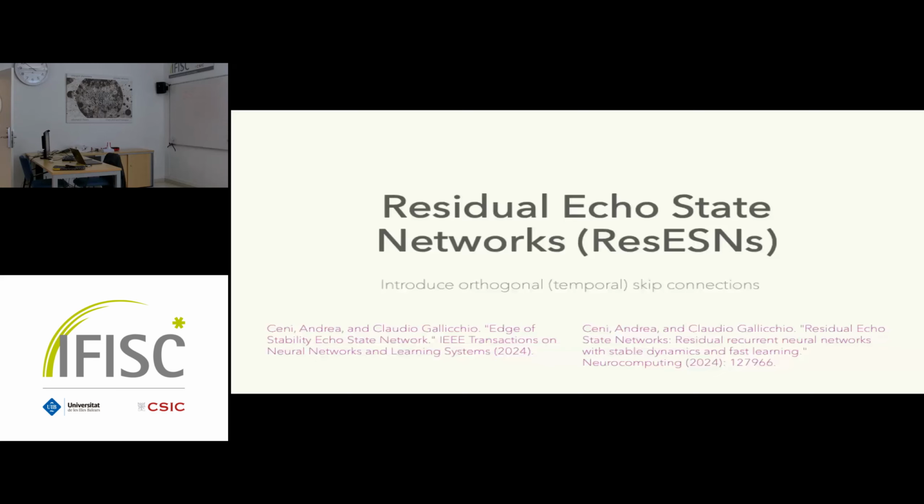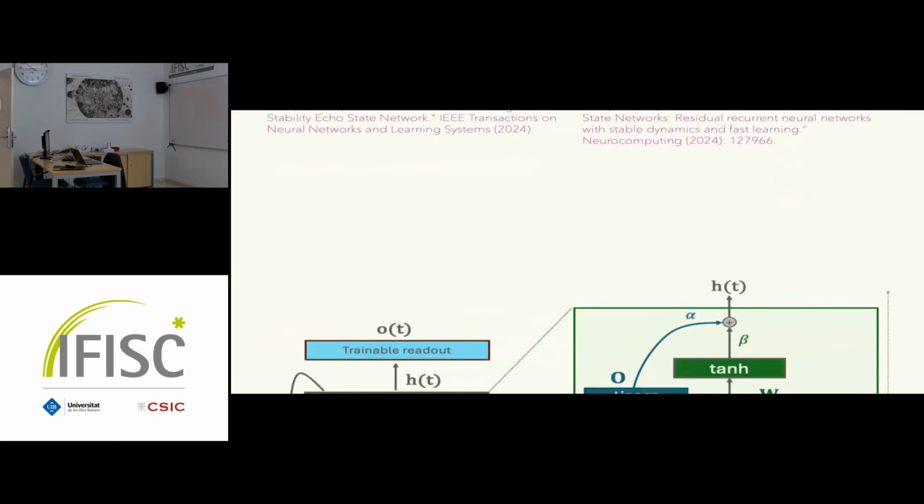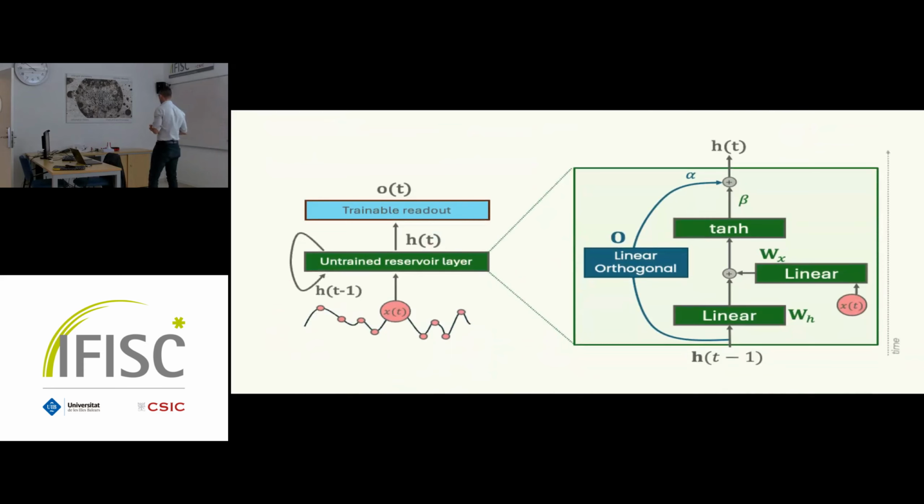The first one is the residual echo state network. I would like to introduce two of these. This is the first one, or RES-ESN, in which we introduce an orthogonal temporal skip connection in the picture. And so we have this beautiful creature here.